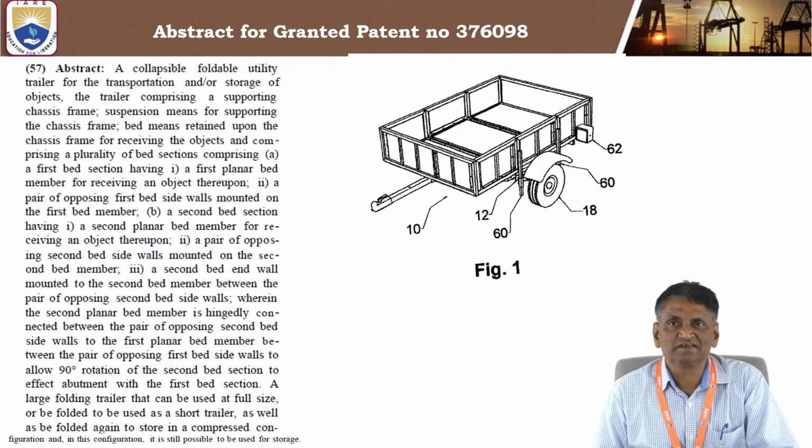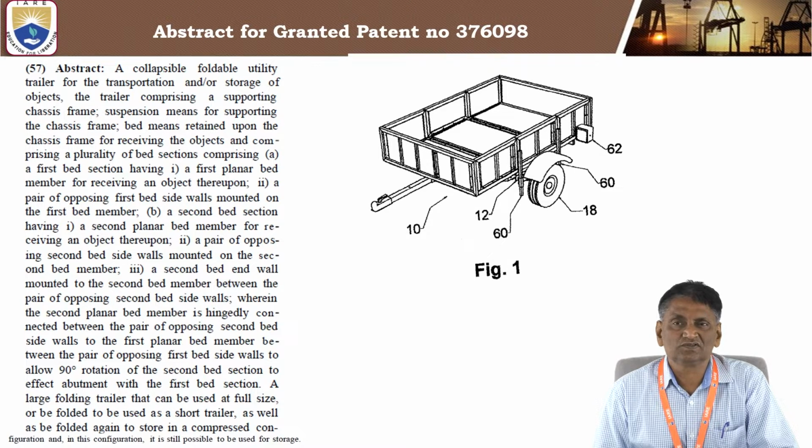As I explained, this particular trolley was provided with an abstract of less than 150 words, stating the advancement over the existing prior art, and also the field of invention.